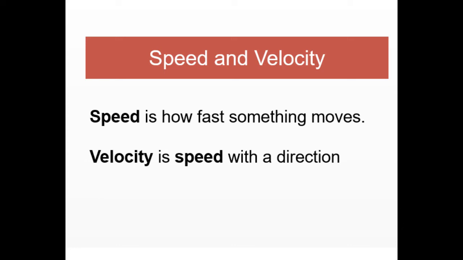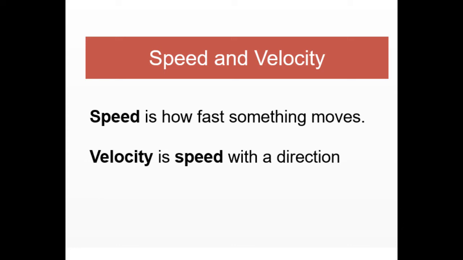A fast-moving object has a high speed and covers a relatively large distance in a short period of time. In contrast, a slow-moving object has a low speed. It covers a relatively small amount of distance in the same amount of time. And an object with no movement at all has a zero speed.